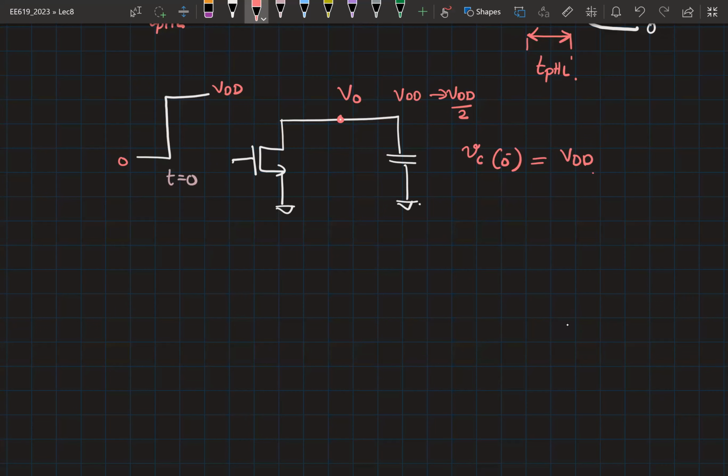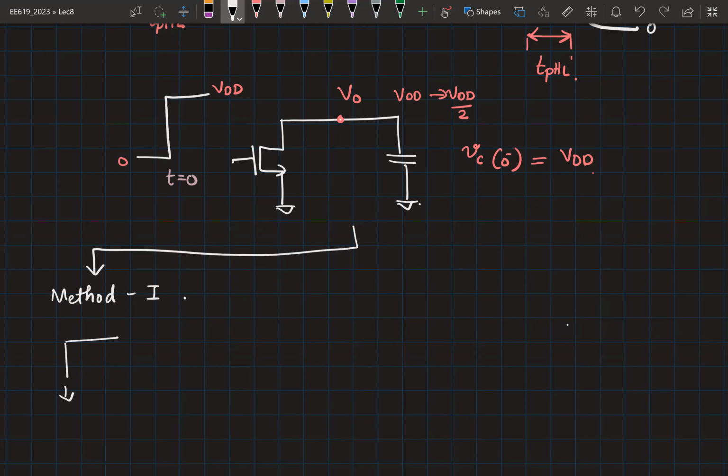And we said that there are two ways in which you can analyze the circuit. The first method is to model this NMOS transistor as a current source.